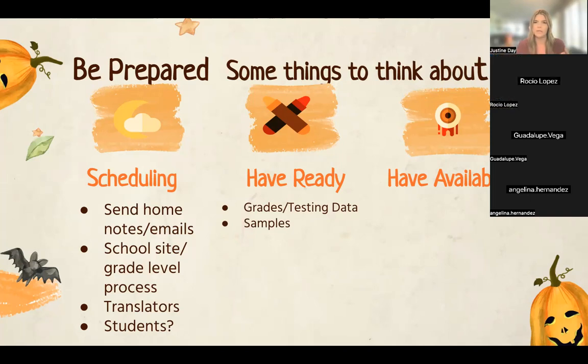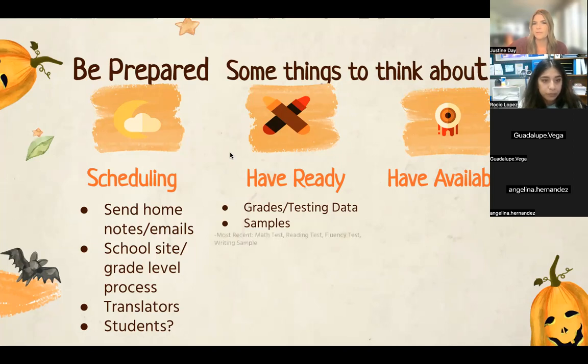So an at grade level test that shows the standards and that they're hitting that, just in case you have a parent who says, well, I feel like this is at level, and you can show them this is actually one that is at level. So we want to work up to that. You might not always need it, but just in case, you have some factual stuff to back up what you're saying. So most recent math test, reading test, if you're doing a fluency test, and writing sample.